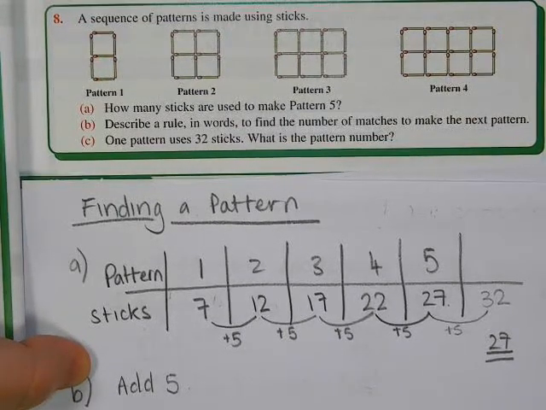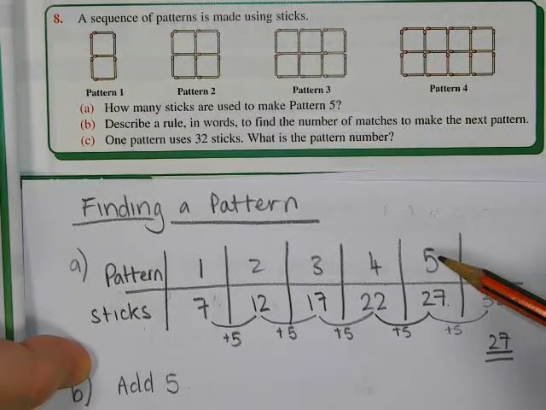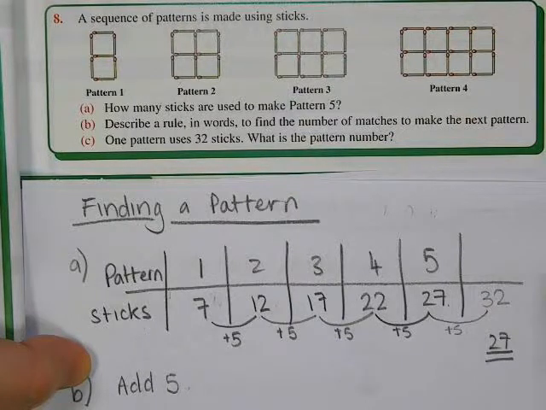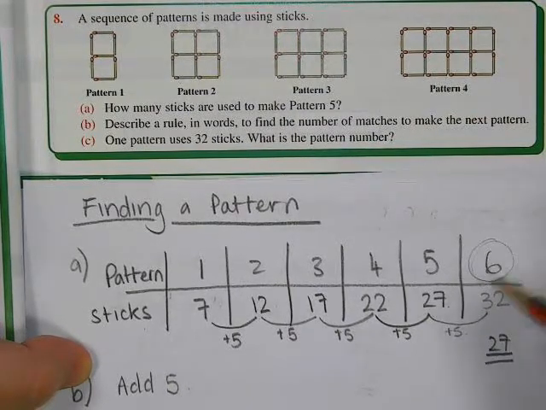So what that's really asking us is, if we got asked pattern number 77, which wouldn't be on our table, we could predict how many sticks that's going to need. So what we're really trying to do is work out a rule for if we know this number on top, how we predict this number underneath.